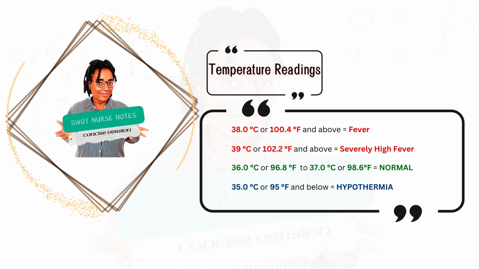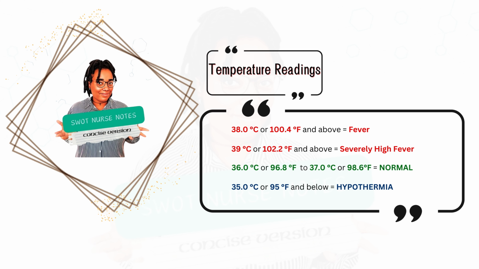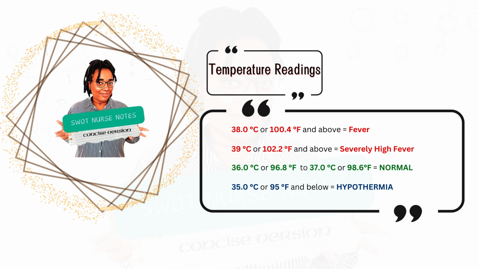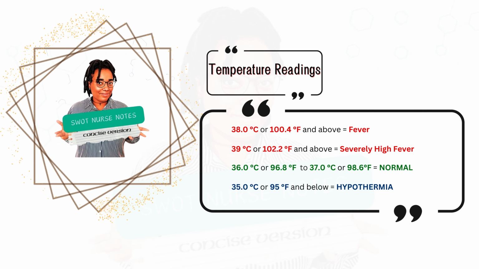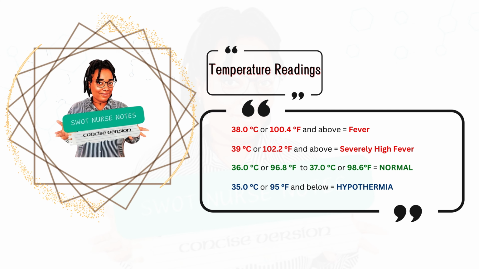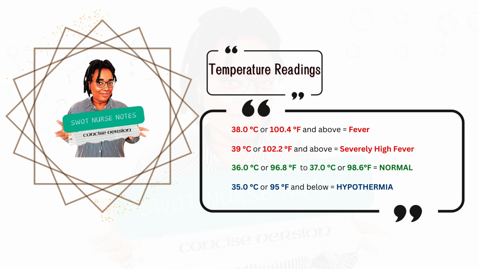Temperature readings. Now keep in mind that these readings can vary depending on many factors. A few were mentioned earlier in the video. A reading of 38.0 degrees Celsius or 100.4 degrees Fahrenheit and above is considered a fever. 39 degrees Celsius or 102.2 degrees Fahrenheit and above is a severely high fever.